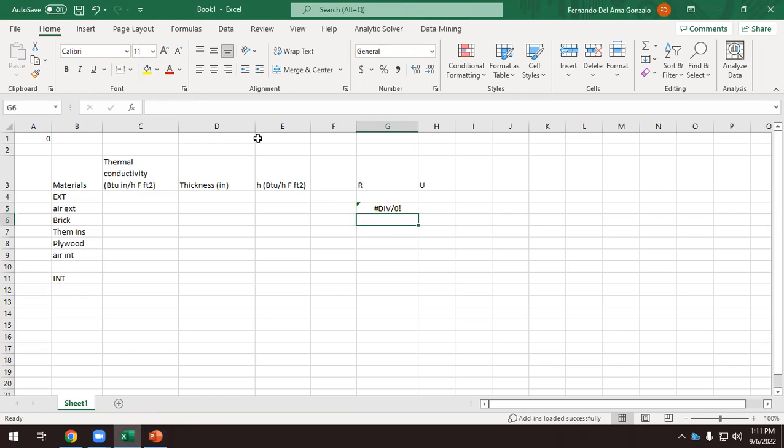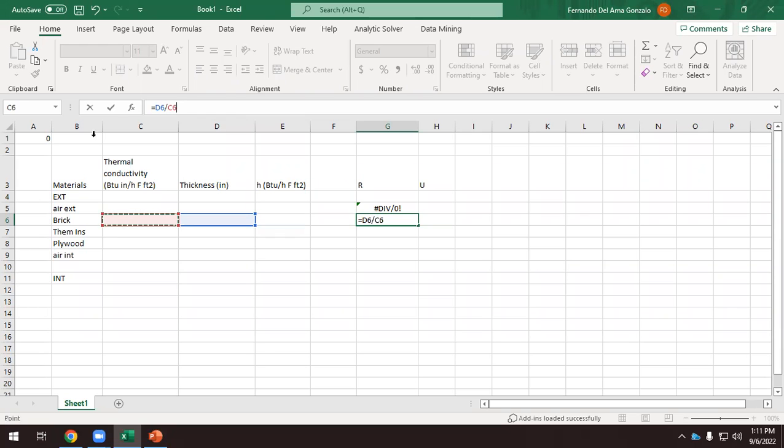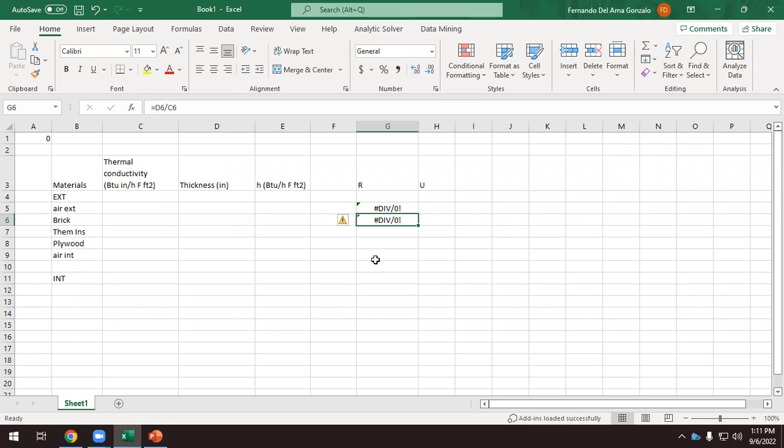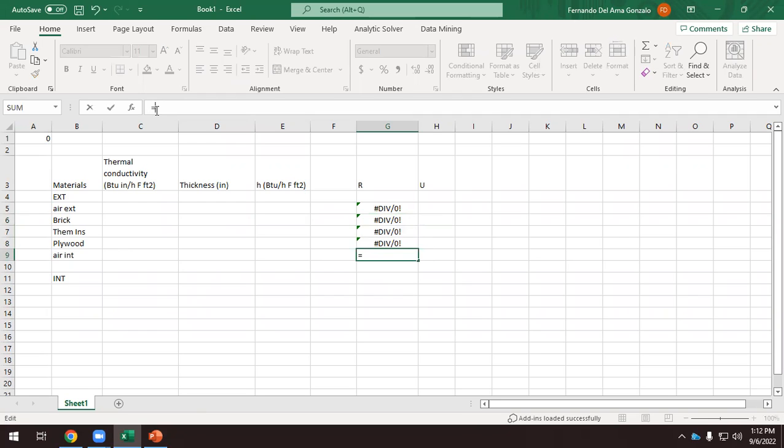So for this one, that equals the thickness divided by the thermal conductivity. And here we have another thing like that. We can drag this until the plywood, and here that equals 1 divided by this H value here.